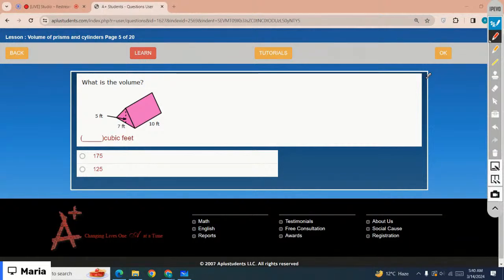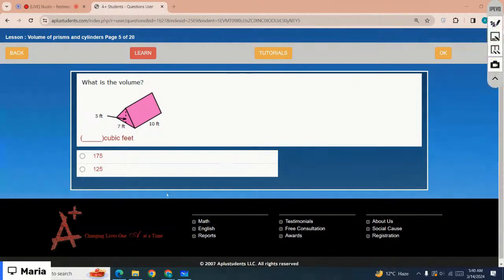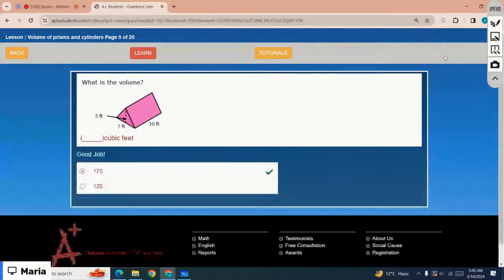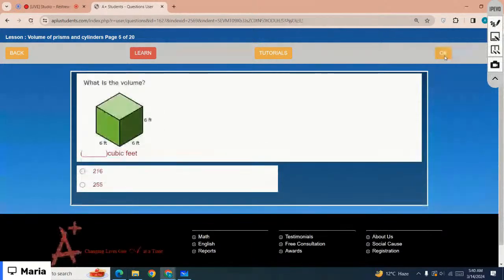You have to calculate the area of the triangular face, and then you have to multiply it by the 10. Half times base times height, right? So that would be 175. The correct option is option number 1, that is 175 cubic feet. Got it? The next one is, what is the volume?